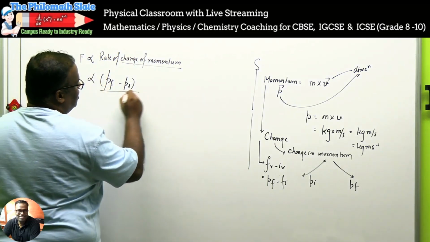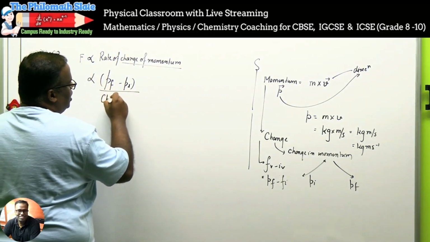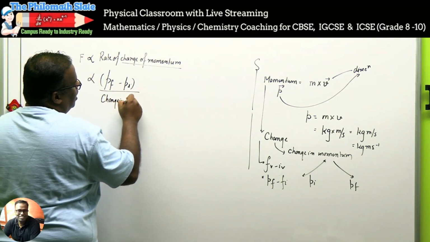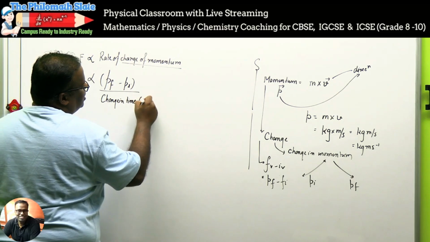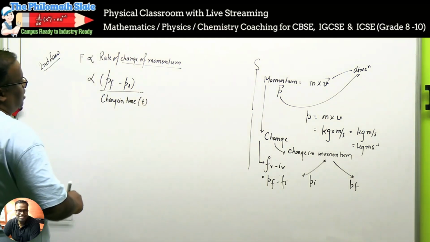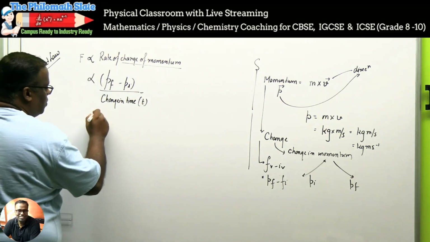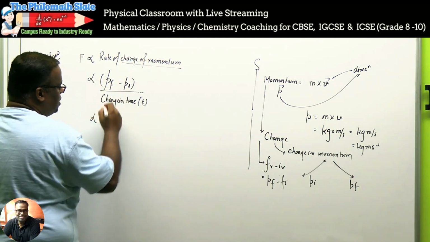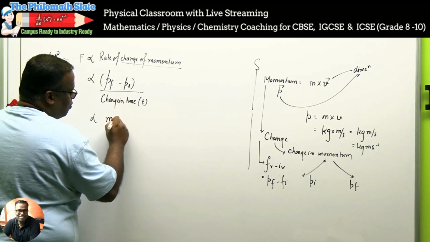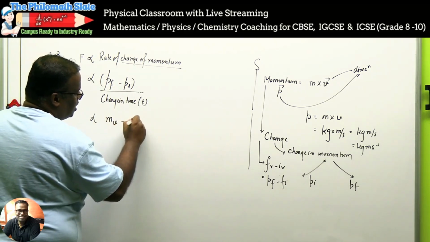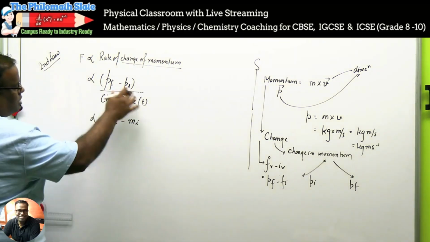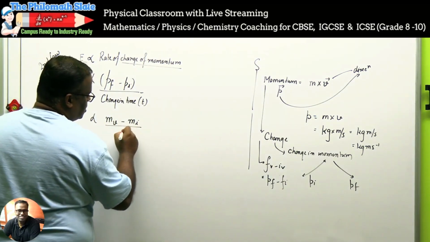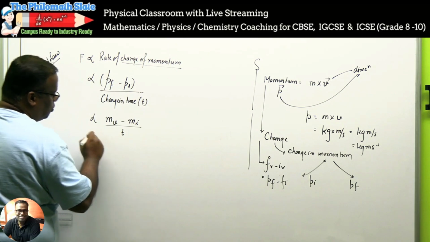So we'll say with respect to change in time. And let's say the change in time is T. So this is directly proportional to Pf, and what is Pf? Mass into final velocity minus mass into initial velocity. This is initial momentum, and change in time is T. So it should be directly proportional to.